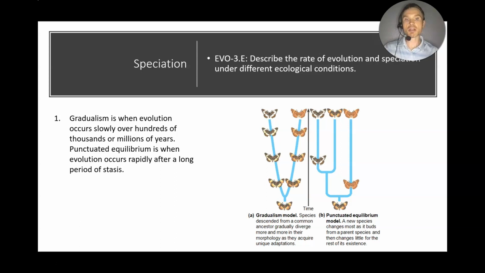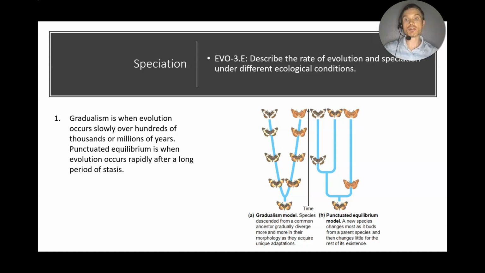You can see that the butterflies start off as one species, and over generation after generation, the two species evolve independently such that one becomes the orange and brown butterfly and the other becomes the brown and white butterfly. And you can see these incremental changes from generation to generation. This is called the gradualism model.